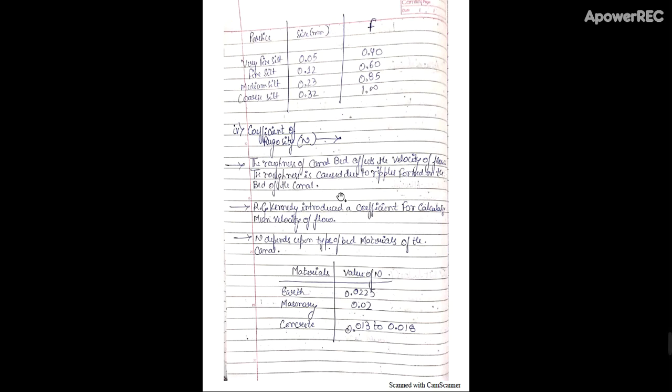And what does the coefficient of rugosity mean? It is the roughness of your canal bed that would be affecting the velocity of the flow.